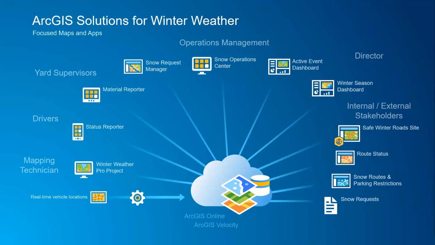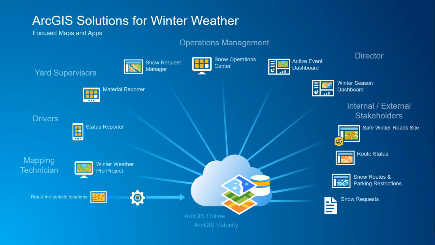Used together as a comprehensive system, the ArcGIS Solutions for Winter Weather provides a series of capabilities that have been designed for various personas in your organization that support snow and ice control operations, such as mapping technicians, drivers, yard supervisors, operations management, and directors or PIOs, as well as the people you service in your communities.